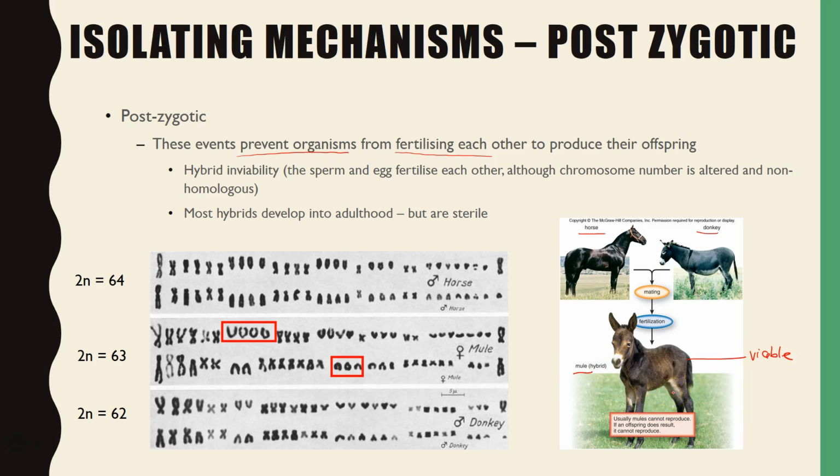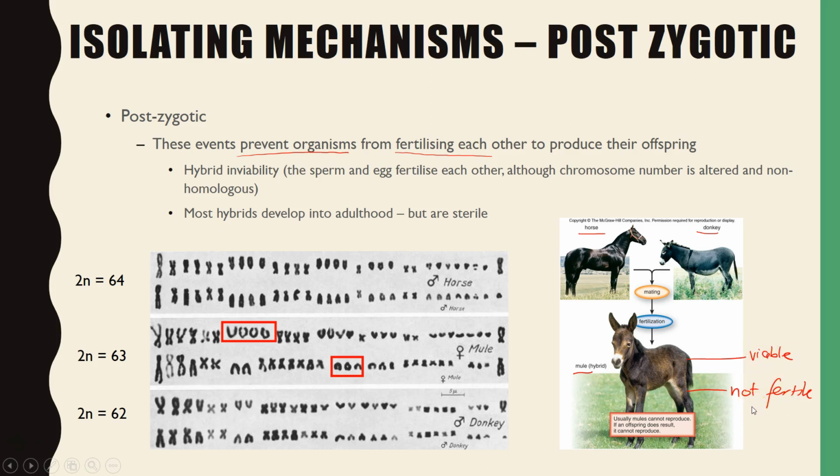However, mules are unable to reproduce with each other. So a mule and another mule are unable to reproduce with each other, so they are not fertile. Although they are viable, they are still a different species. This demonstrates that these are different species because the offspring that's been produced is not both viable and fertile.